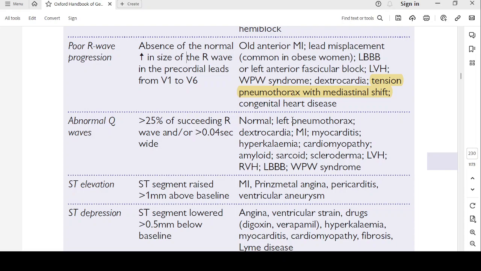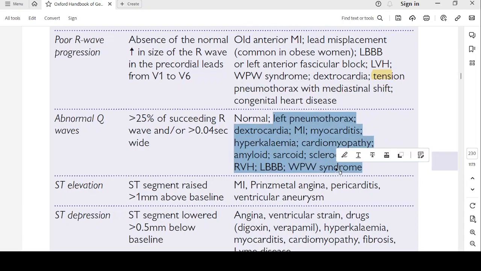If abnormal Q waves are normal, it could be a normal variant, or it could be left pneumothorax, dextrocardia, MI, myocarditis, hyperkalemia, cardiomyopathy, amyloid, sarcoid, scleroderma, LVH, left ventricular hypertrophy, right ventricular hypertrophy, LBBB, WPW syndrome. So you have an abnormal Q wave in all of these conditions.